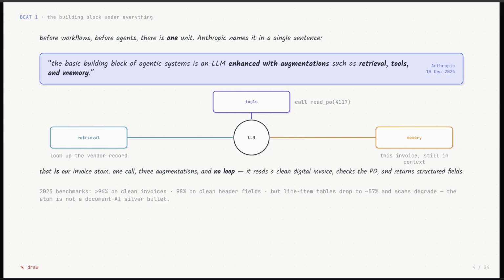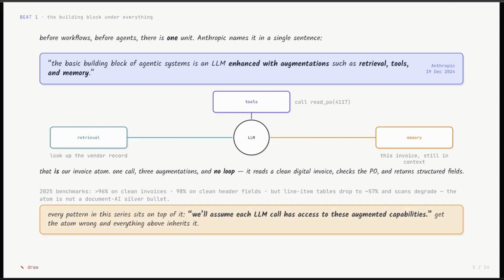But line item tables fell to around 57%, and scans degrade. The atom is strong, it's not a document AI silver bullet. So as we said many times before, it's the data quality and your infrastructure and your coding around your LLM, of course. So why start here?